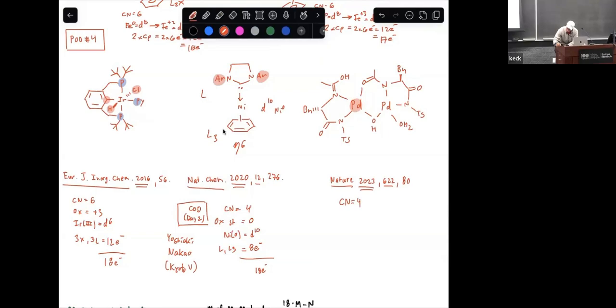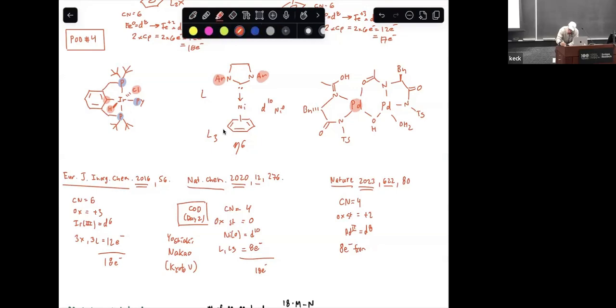Okay. 16 electrons, palladium 2, d8s. Palladium +2, palladium D8, and then 4 ligands is 8 electrons. If you're counting, two are X type, 2 are L type.